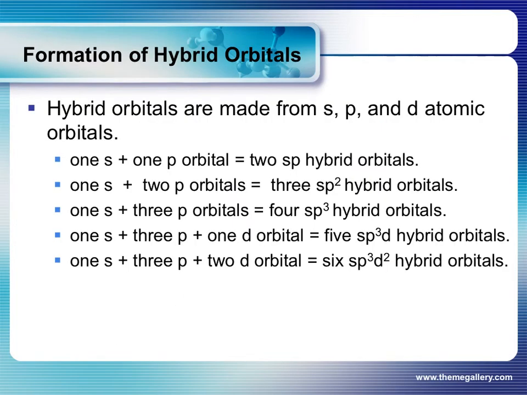So here's a breakdown of how you get each of the 5 different types of hybrids that are possible. If you combine 1s and 1p, you get sp hybrid orbitals, 2 of them. If you combine 1s and 2p's, you get sp2, 3 sp2 hybrids, on and on. If you haven't already jotted this slide down, this is probably a good one to jot down and make sure you understand.